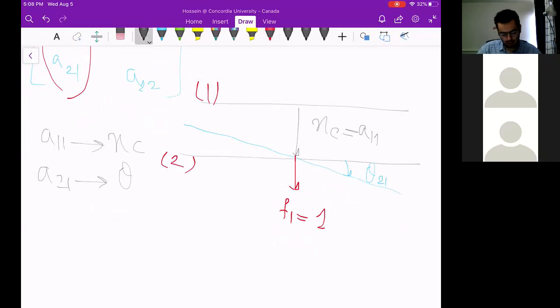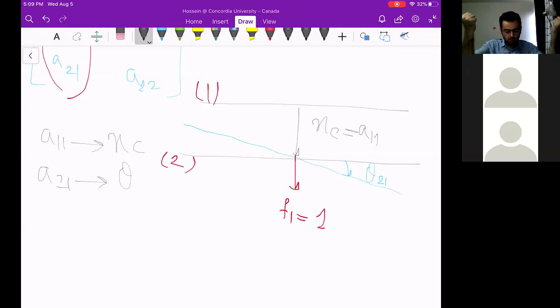There would be a rotation because if you take a look at the system, the K is not evenly distanced from the center of gravity. Theta 21 can be translated as rotation at the second coordinate due to a unit force at the first coordinate.